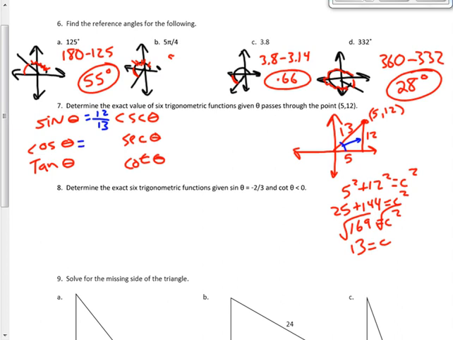Cosine is then going to be adjacent over hypotenuse, or x over r. Tangent is going to be opposite over adjacent. Cosecant is going to be the reciprocal of sine, so 13 over 12. Secant, reciprocal of cosine, and cotangent, reciprocal of tangent.